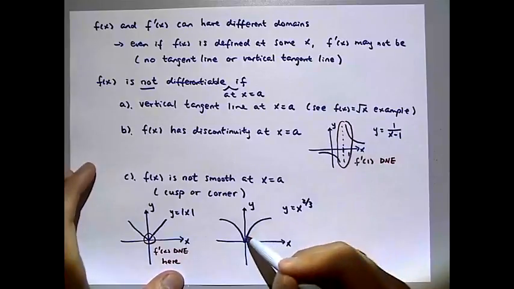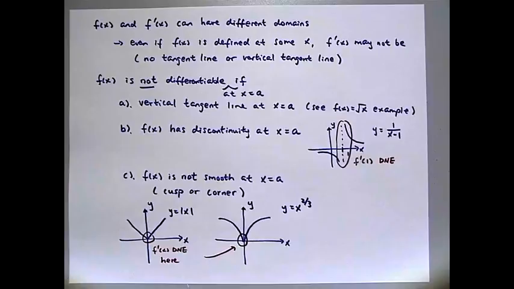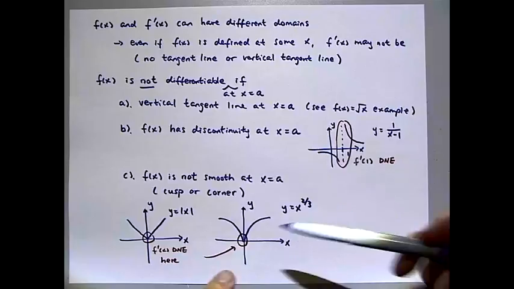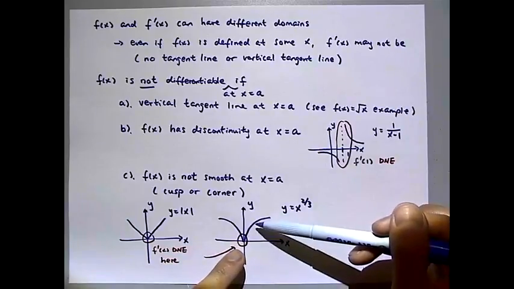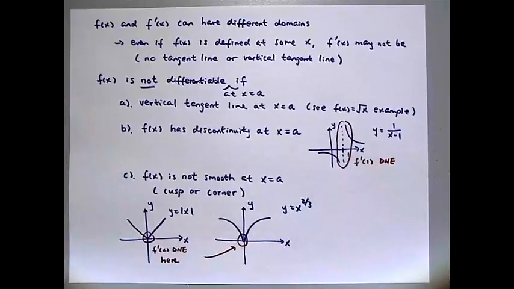This cusp right here also has the same feature. f prime does not exist. Once again, think about how you would use a secant line to approximate the tangent line. If you use a point to the right, the secant line is always positive. If you use a point to the left, the secant line is always negative. At the point right there, how would you reconcile the two?